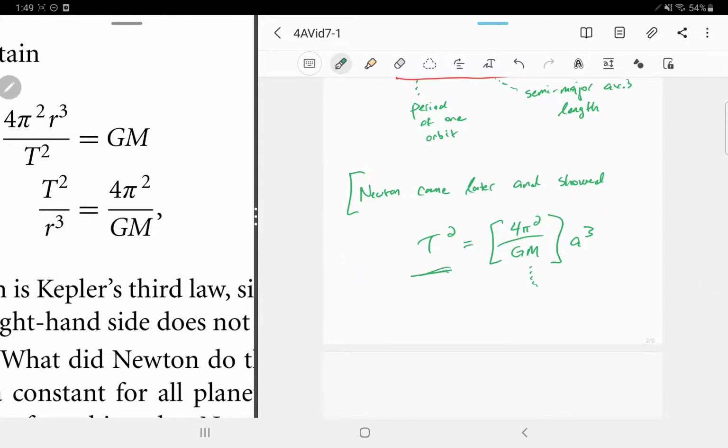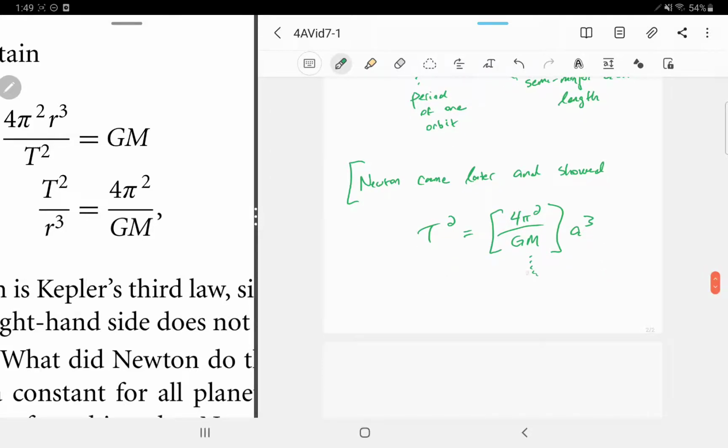The period depends on your semi-major axis length, and every different planet has a different value of a, therefore they have a different period. But that M is common to all of them. This is what you're orbiting around, the mass of the sun in the case of our solar system. So you wouldn't plug in the mass of the Earth there.